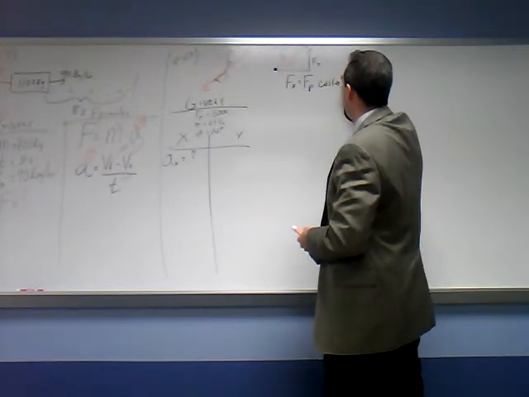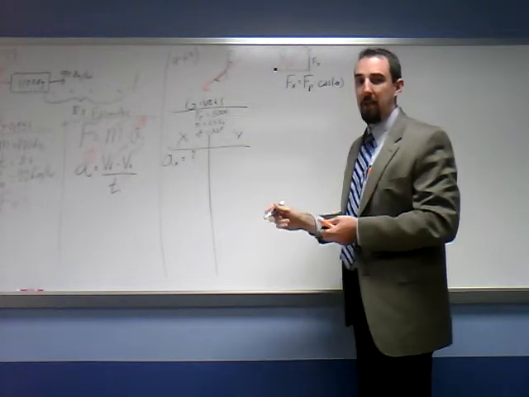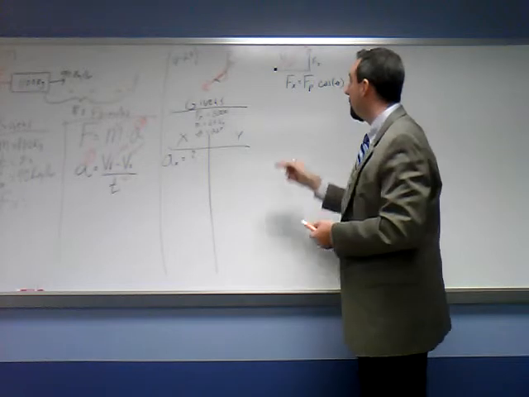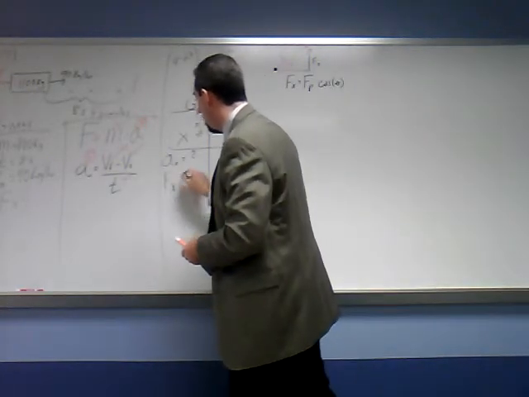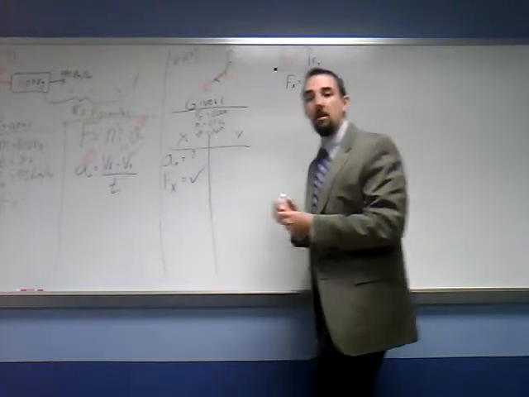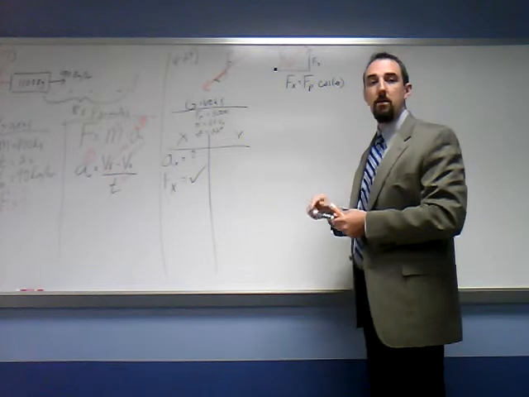Cosine of theta. So Fx equals Fp times cosine theta. Now, I don't have my calculator out, so I'm not going to get a number for it, but now I know Fx. So I'm going to write that down here. Fx equals 800 times the cosine of 22 degrees.